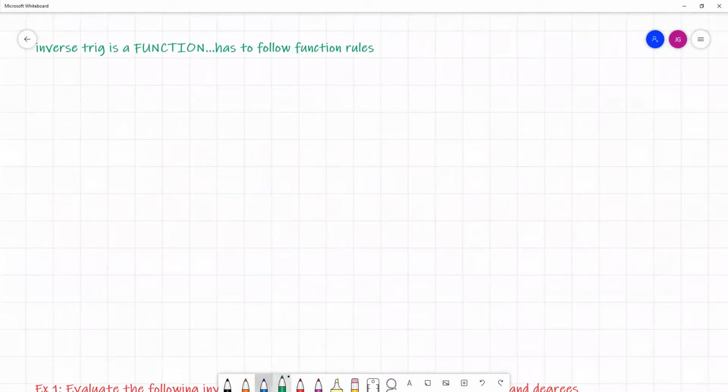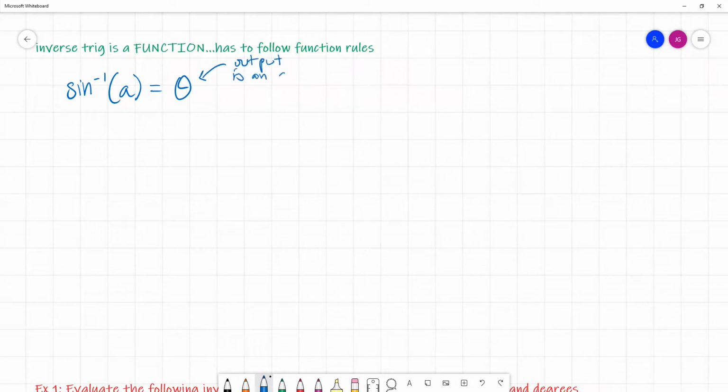So when I do inverse trig, here's the deal. We're going to start with sine. When I take the sine inverse of some value a, I'm going to spit out a theta, an angle. So in inverse trig, the output is always an angle.